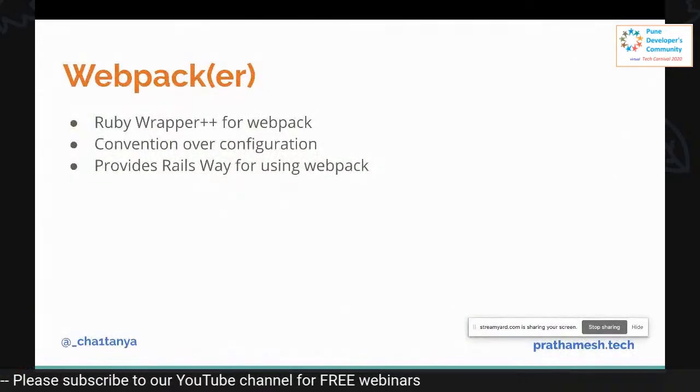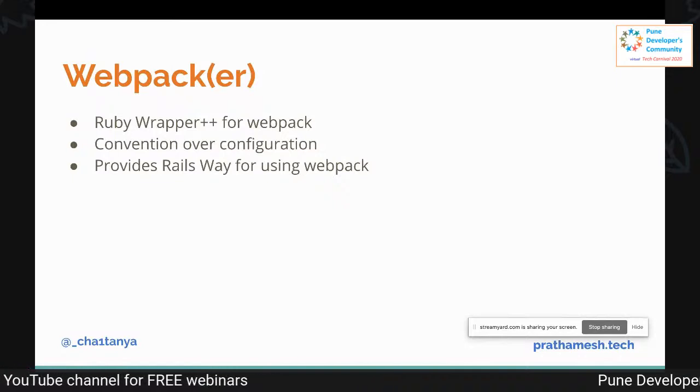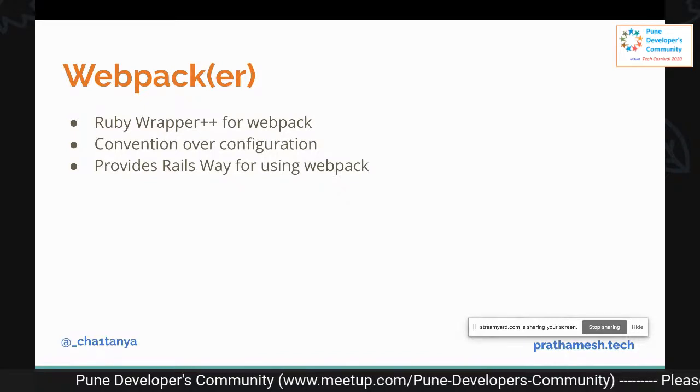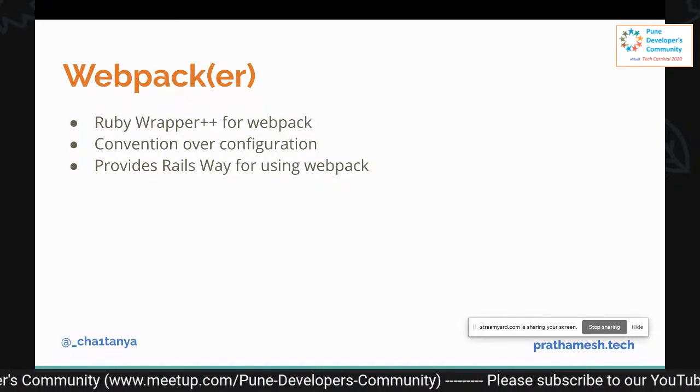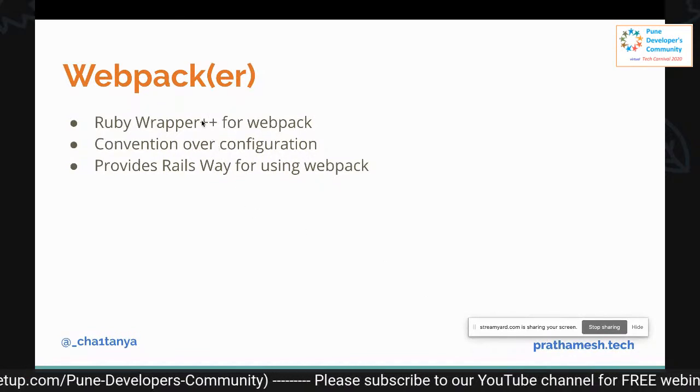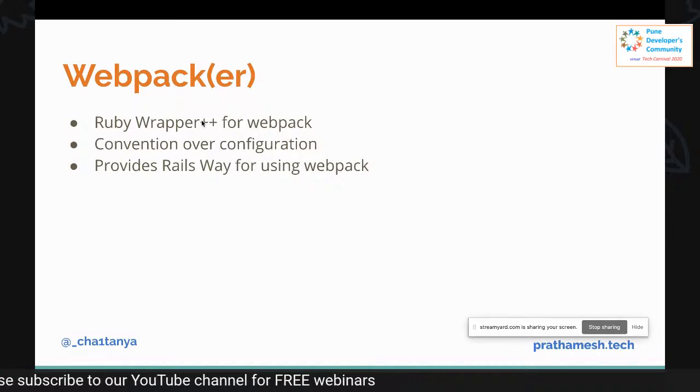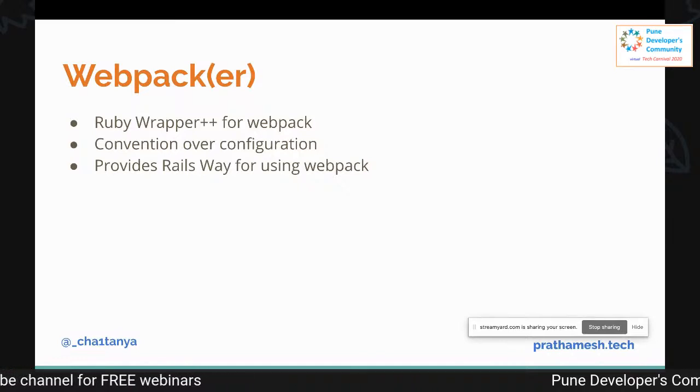So Webpack is a JavaScript library, right, that we can include in our application. But here we are talking about Webpacker. It's a Ruby wrapper for using Webpack, but I have added a plus plus here explicitly, because later on we will see how it is not just a Ruby wrapper, but something else as well.